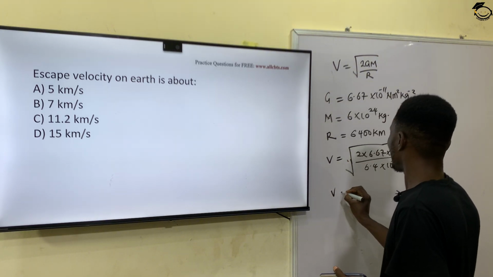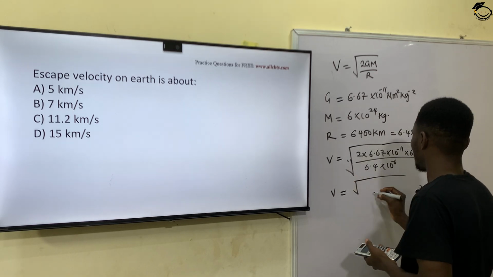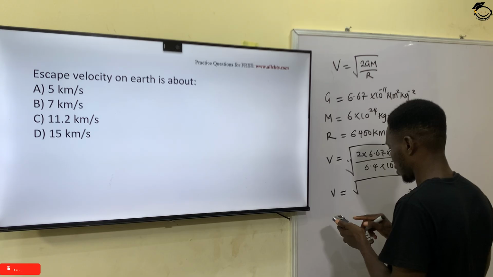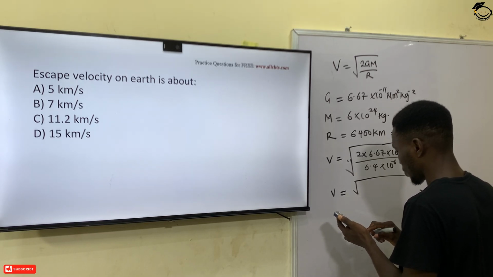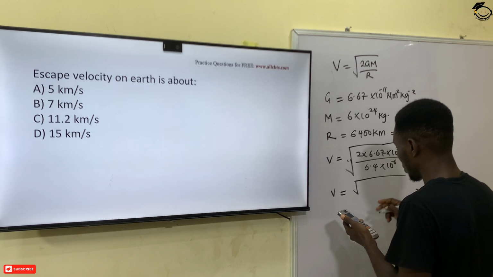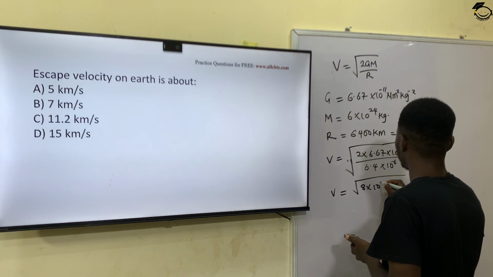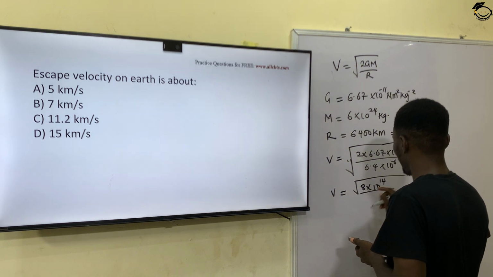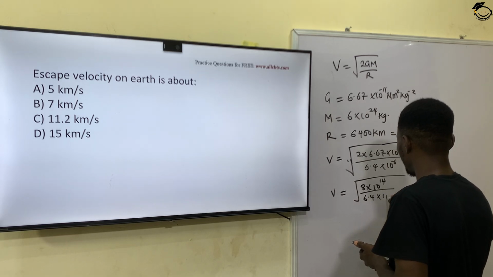Multiplying 6.67 times 2 times 6 gives about 8 times 10 raised to the power 14 over 6.4 times 10 raised to the power 6.